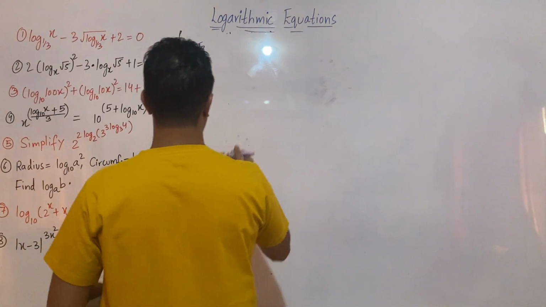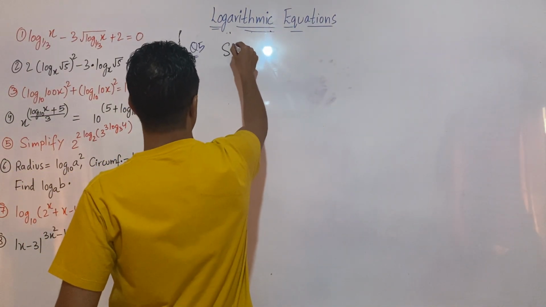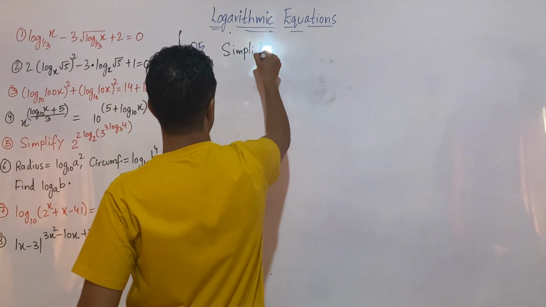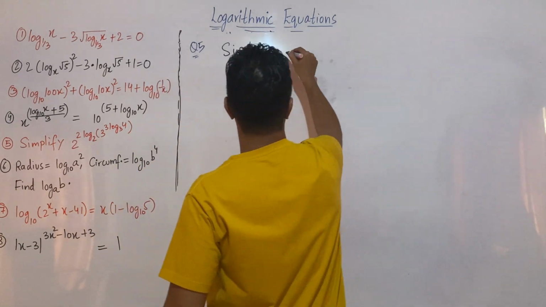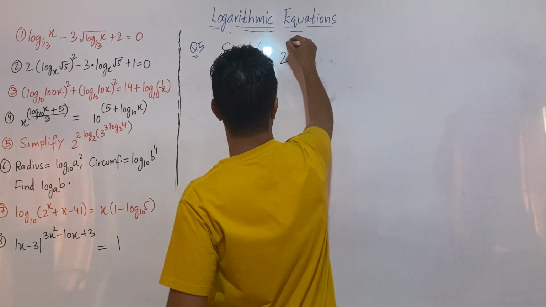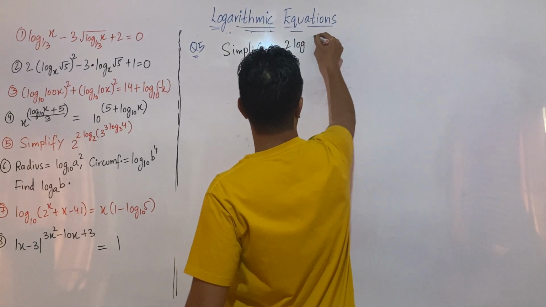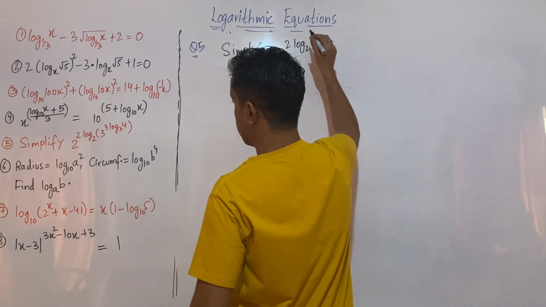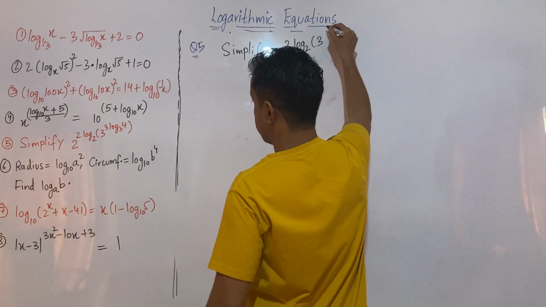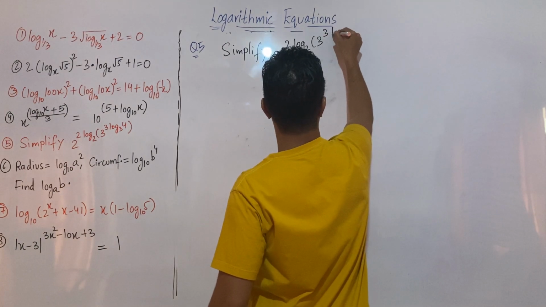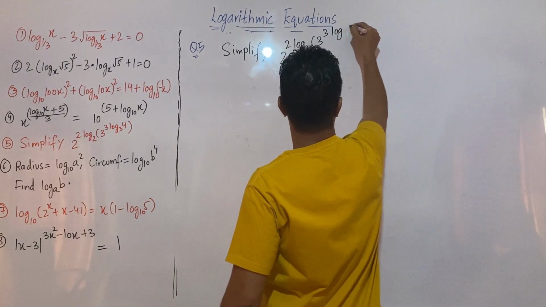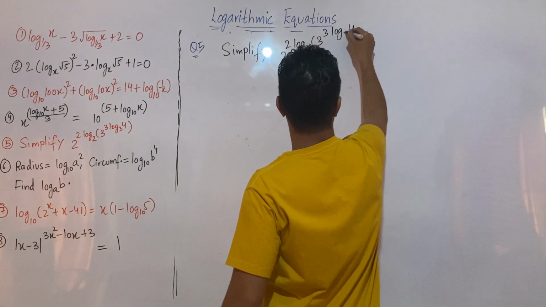It says simplify 2 raised to 2 log 3, and here raised to 3 log 4 base 3.